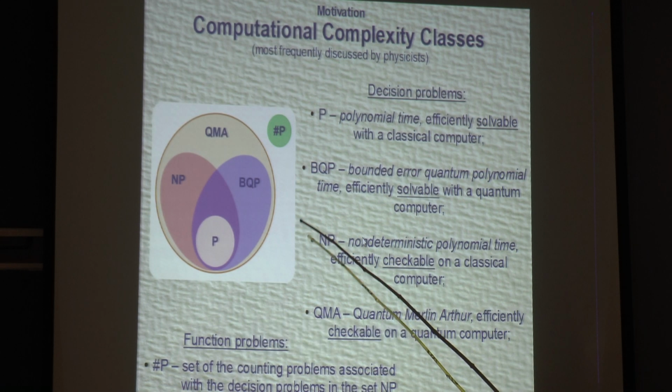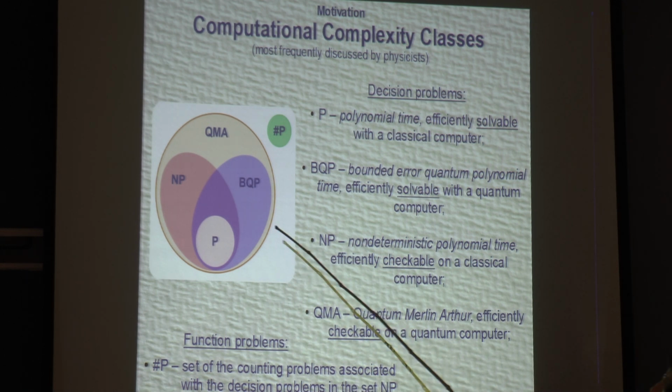This is the map of the most frequently discussed computational complexity classes by physicists. It comprises 2 disjoint sets. The bigger one is the set of complexity classes related to decision problems. The decision problems are those where we want to compute a function, how much a certain function of parameters is.